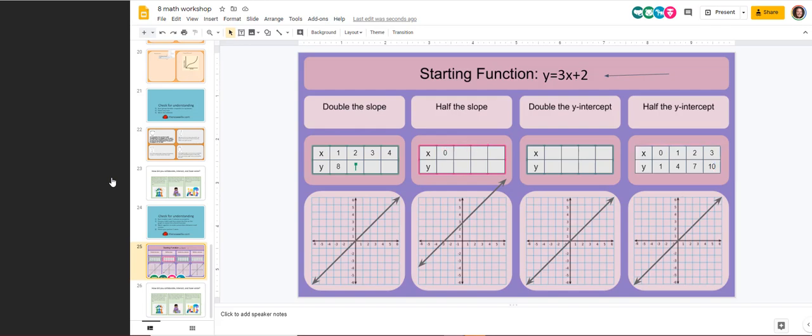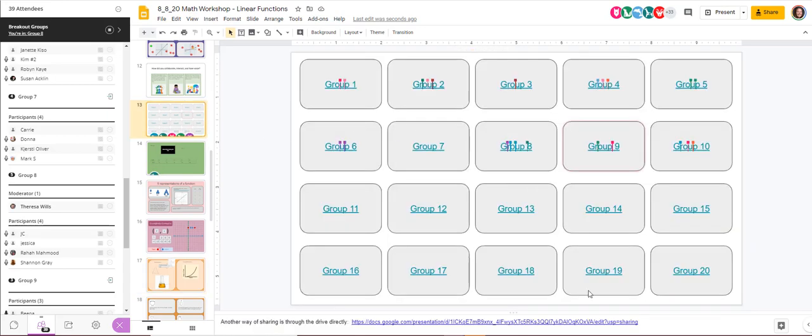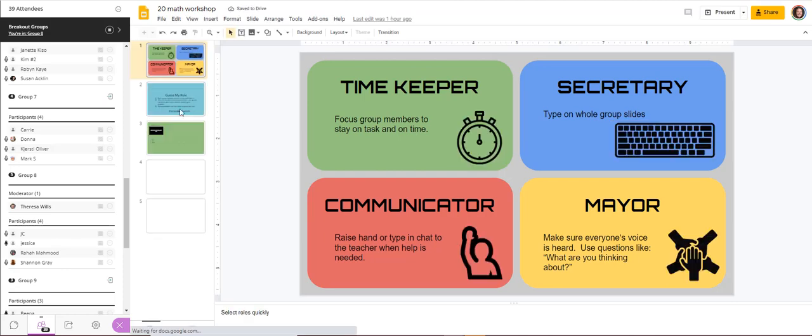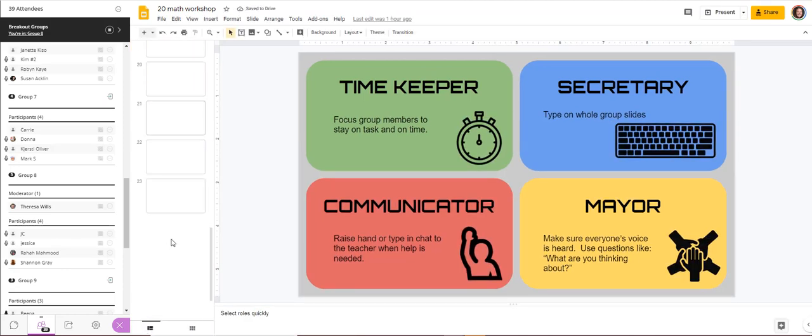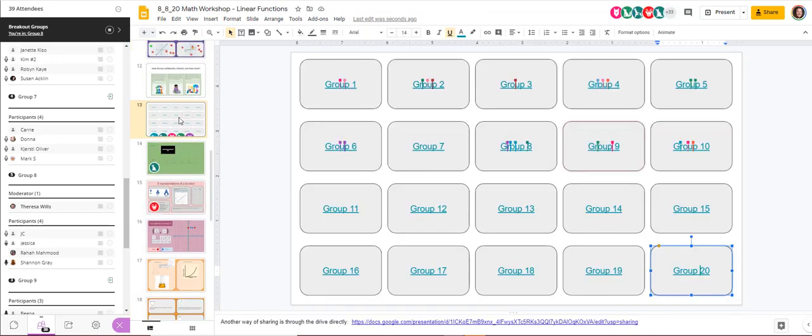Now we're going to draw a new line, I guess. Yeah, the graphs are locked, but the lines you can play around with. Oh, you can. Okay.